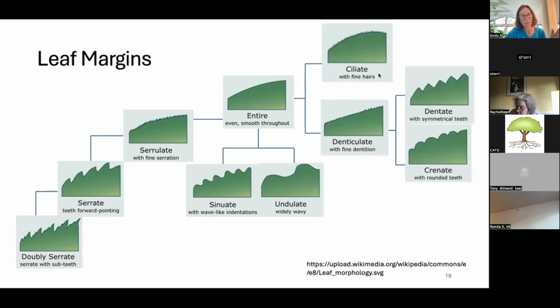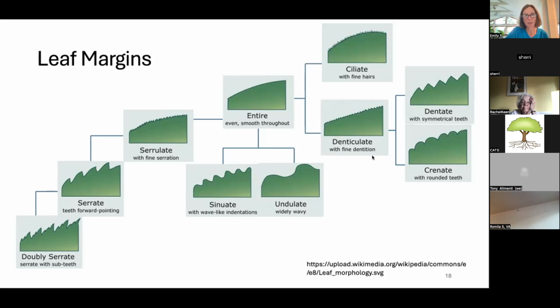I didn't put any trees in today that have ciliate with fine hairs. We have a lot of trees that have fine hairs on them, but I would say that's tomentose and not a leaf margin that's super obvious unless you're looking at something like a sycamore that might have some hairs on the edge of the leaf. But I decided not to go there with that.